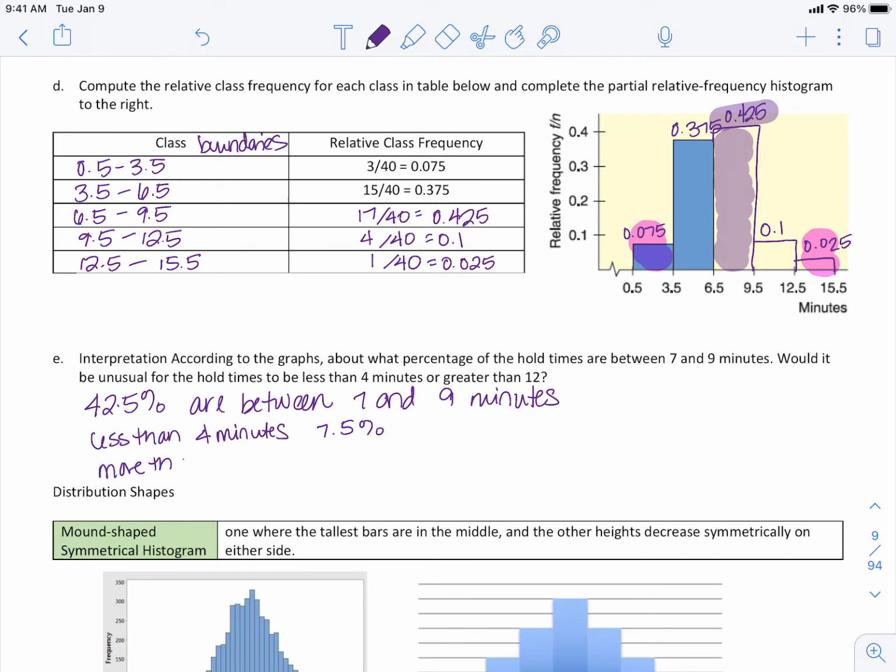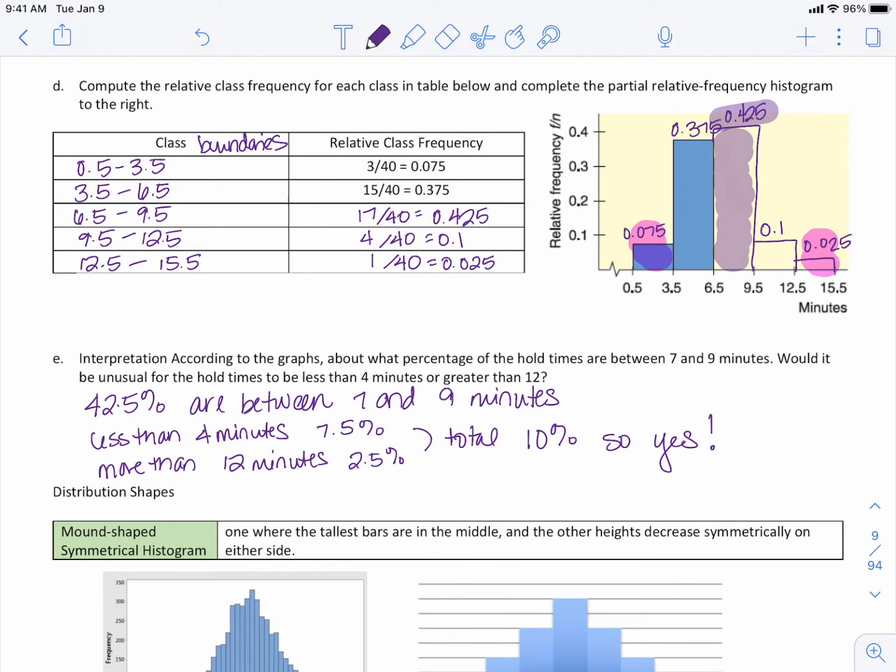More than 12 minutes is 2.5%. So if we're saying it could be either of these, in total this is only 10%. So yes, that would be unusual.